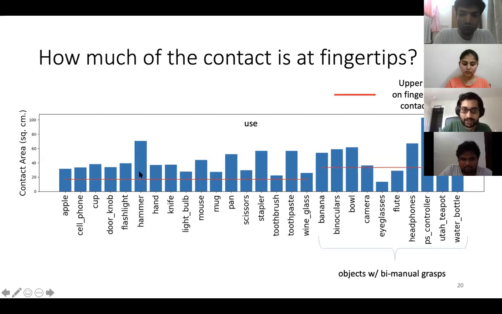And then we compare that against these blue bars, which are the actual full hand contact area that we observed on the whole object surface. And we see that the blue bars are often higher. So that means that a lot of contact is happening at non-fingertip areas as well.